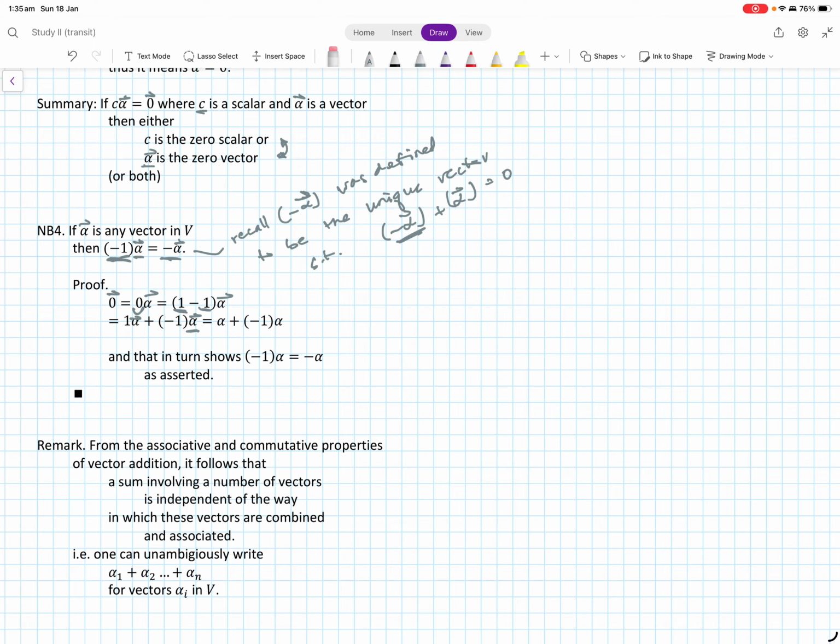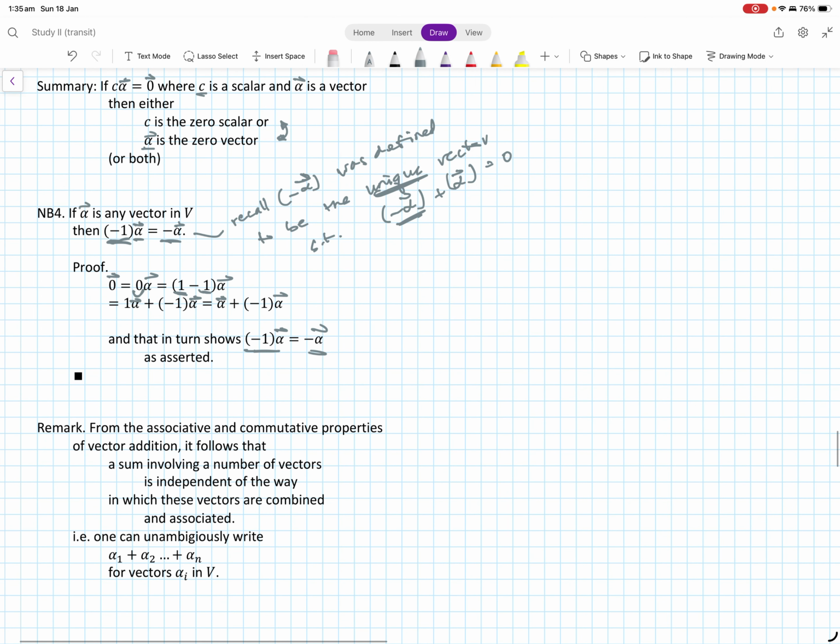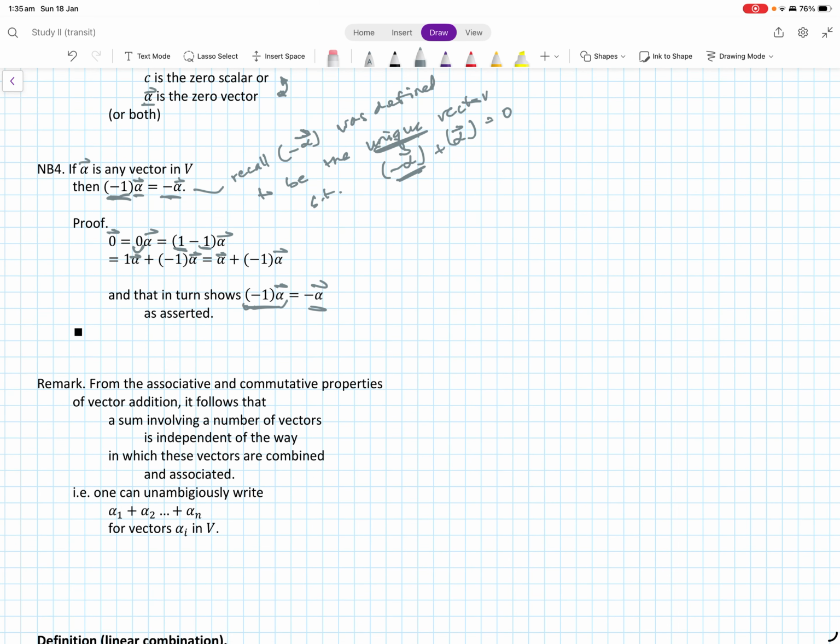This is just using the distributive property over the scalars, and then this in turn is just the vector alpha plus minus alpha, and this gives you the 0 vector. And because this was the unique vector, as was needed by the definition, therefore -1 times alpha should be the minus alpha vector, as we asserted.